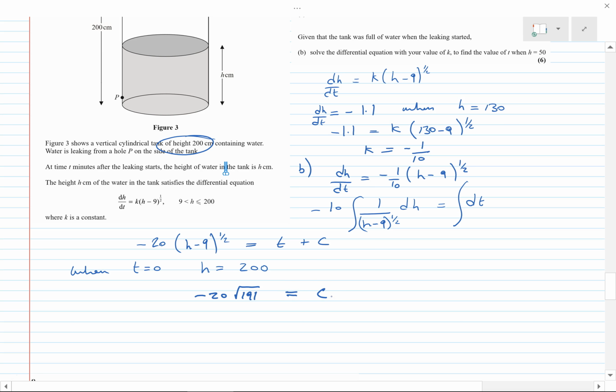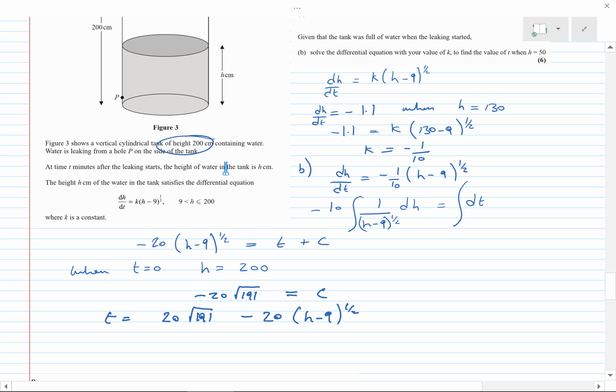So that's c equal to that. So we're putting c back in and taking over to the other side, we get t is equal to 20 the square root of 191, take away 20 h minus 9 to the power of half.